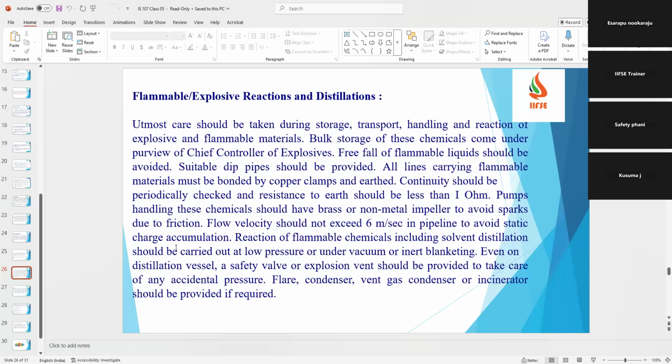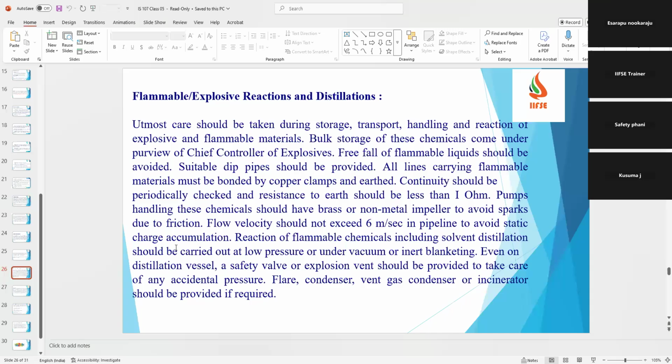Then reaction of flammable chemicals including solvent distillation should be carried out at very low pressure or under vacuum or inert blanketing. So distillation of these flammable materials should be undertaken under vacuum or inert blanketing conditions.